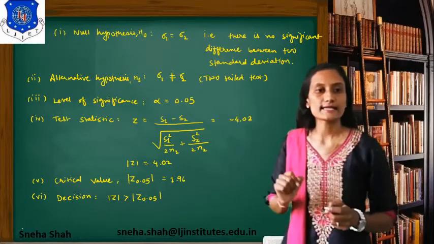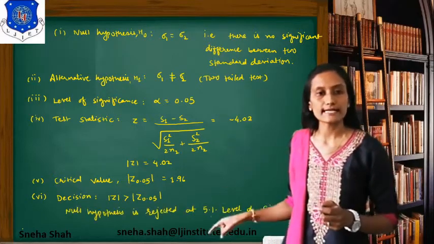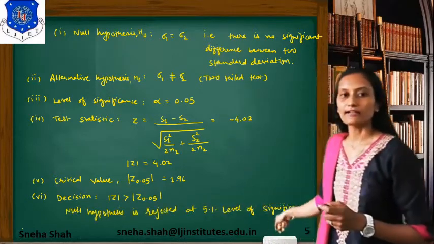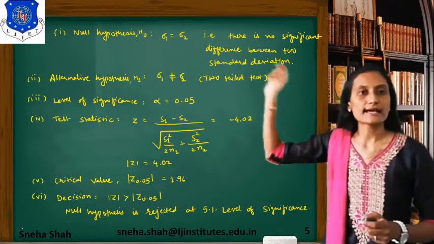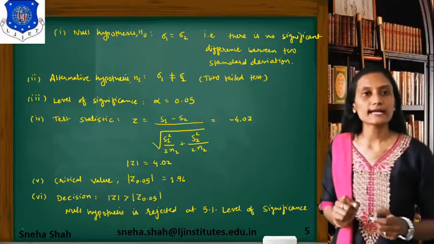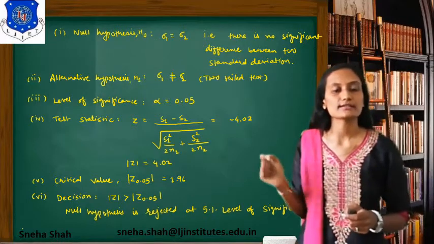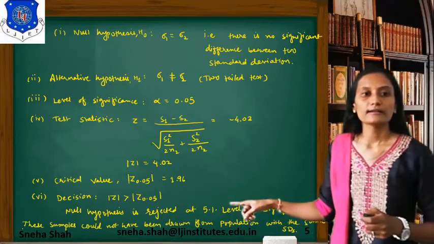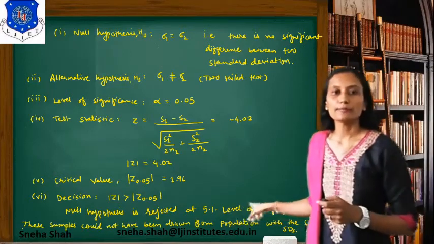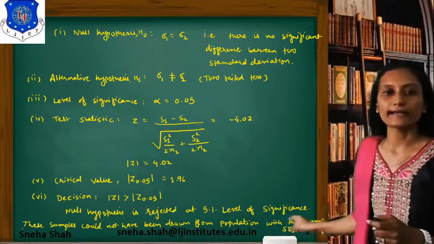We can say that the null hypothesis is rejected at the 5% level of significance. It means these two standard deviations are not the same. So we can say that two different standard deviations are there, and that these samples could not have been drawn from a population with the same standard deviation.